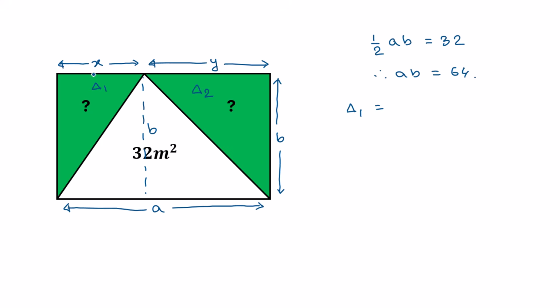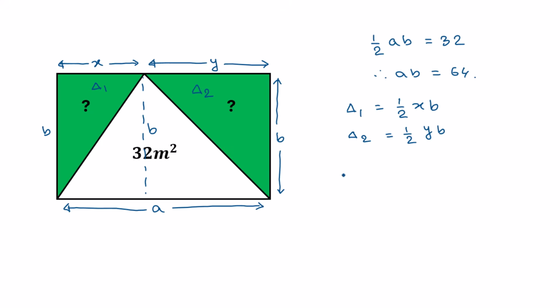Base of this triangle is X and height of this triangle is the same as the width of this rectangle, which is B. So area of this triangle is half times base X times height B. Similarly, the area of this triangle, delta 2, is half times base Y and height of this triangle is also B.